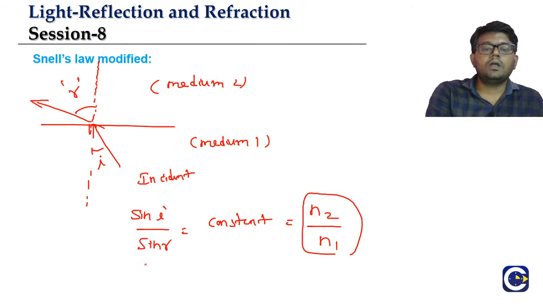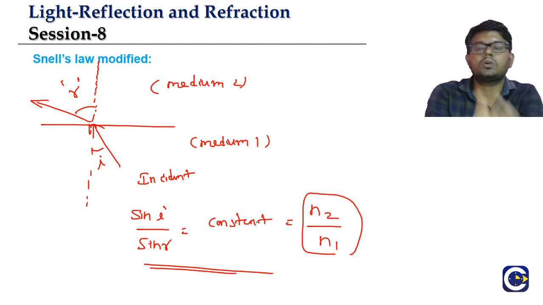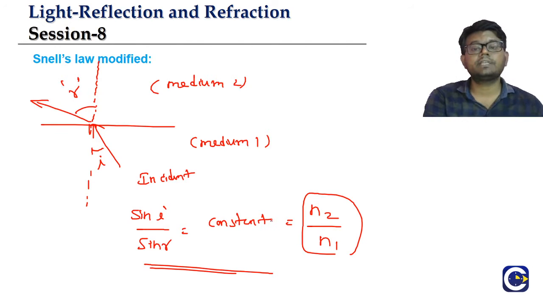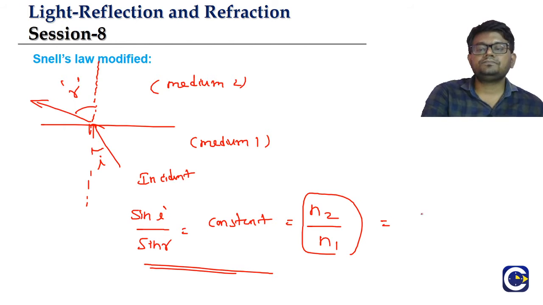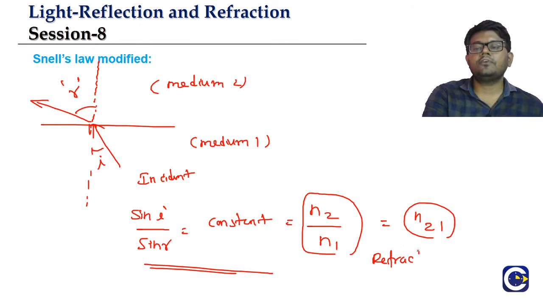So the modified Snell's law is what? Previously we said sin A by sin R is equal to constant. Now what is the value of the constant? It is nothing but N2 by N1. We also call this N21, the refractive index of the second medium with respect to the first medium.